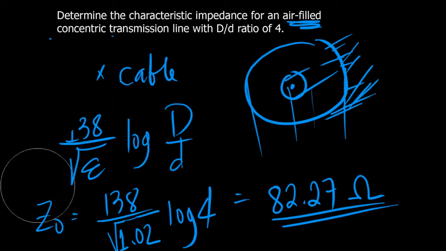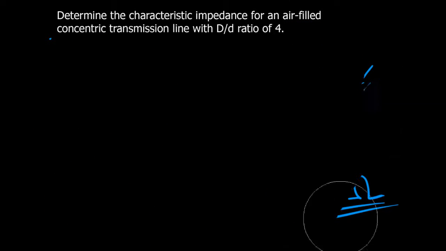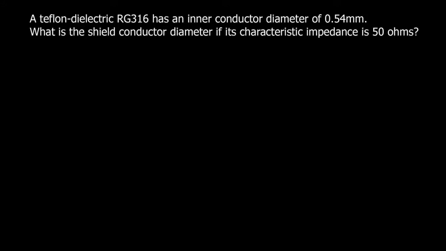Anyways, it's quite simple para sa equation sa aton na characteristic impedance. There's another one. So, a Teflon dielectric RG316 has an inner conductor diameter of 0.54 millimeters. What is the shield conductor diameter if its characteristic impedance is 50 ohms? So this one, nangita lang ko ni spec sa internet, and let's see if it actually matches.